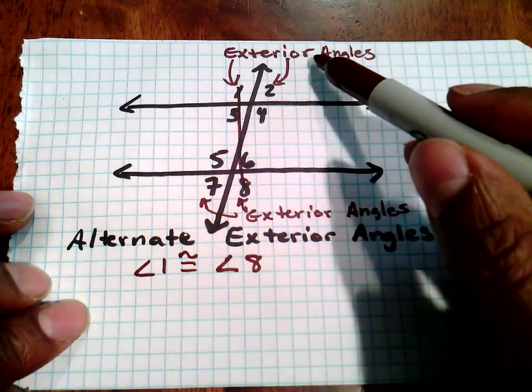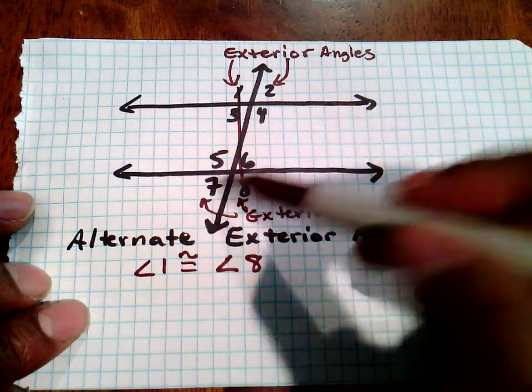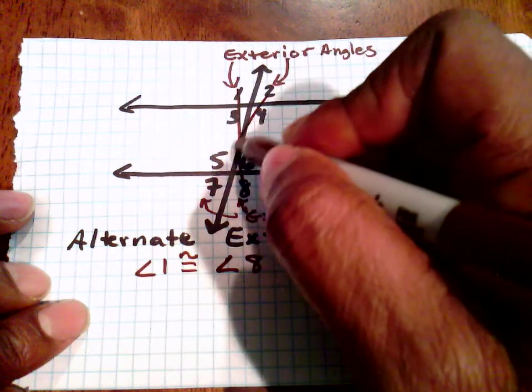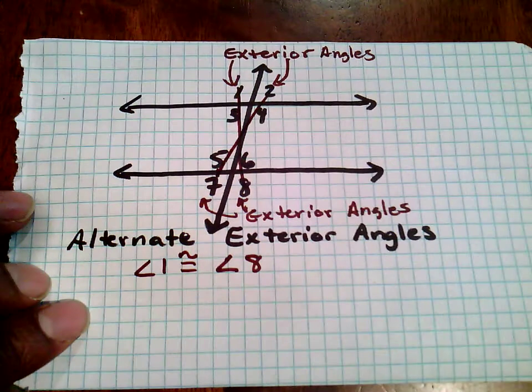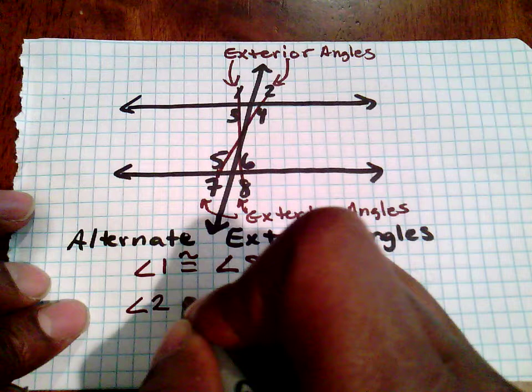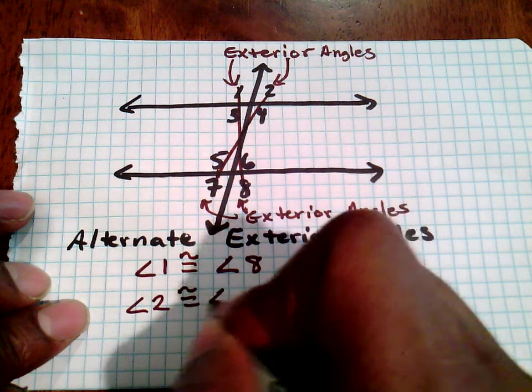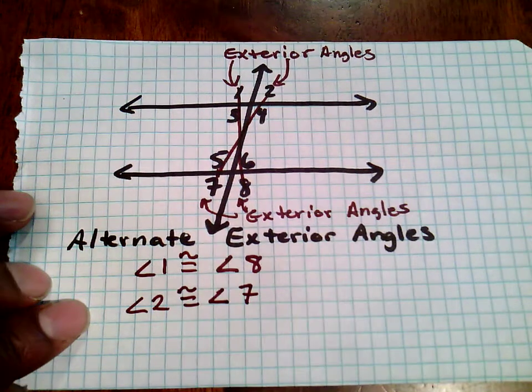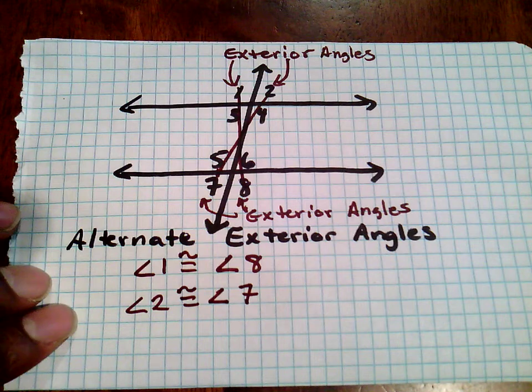And our next set of exterior angles, we have angle 2 and angle 7. They will be sitting across from each other on the outside. So angle 2 is also congruent to angle 7. And these are alternate exterior angles.